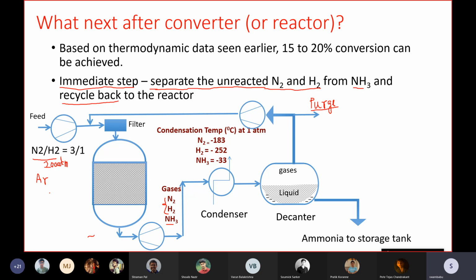So this is the process flow sheet of ammonia. The ammonia process plant is very small and simple. It has a compressor, expander, heat condenser, and a simple gravity separator, that is, a decanter. But the major heart is the reactor, and in the reactor the cooling system is more critical.